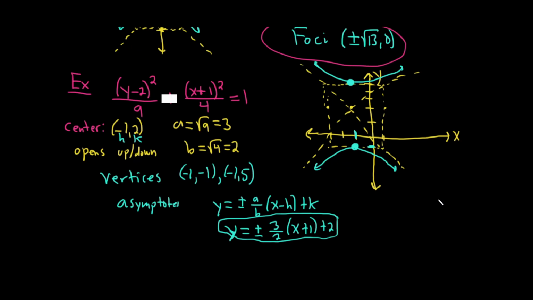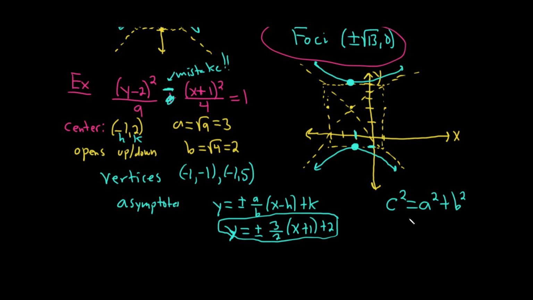Fun times. What else? Oh, the foci. We can get those by using this magical equation: c squared equals a squared plus b squared. Remember, it's opposite because I messed up here. This is a minus. That's a bad mistake. It's fixed. So this is c squared equals a squared plus b squared.